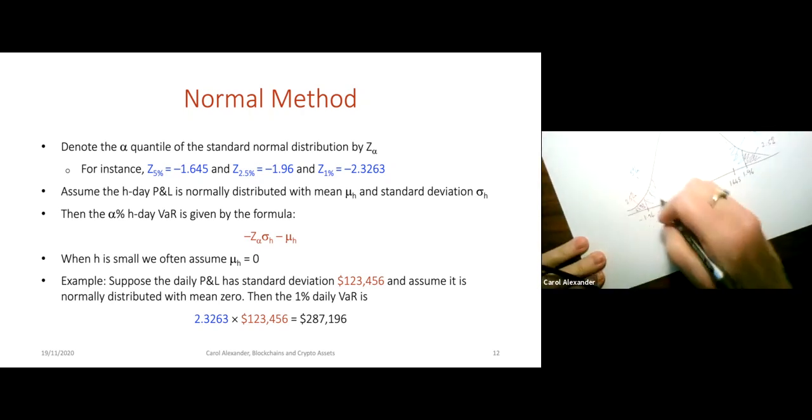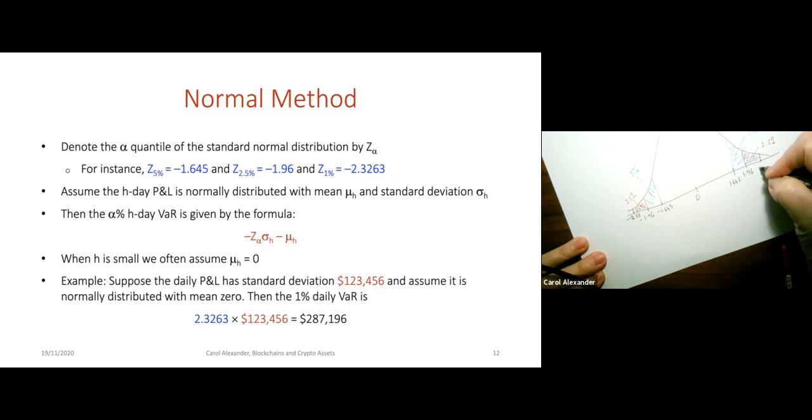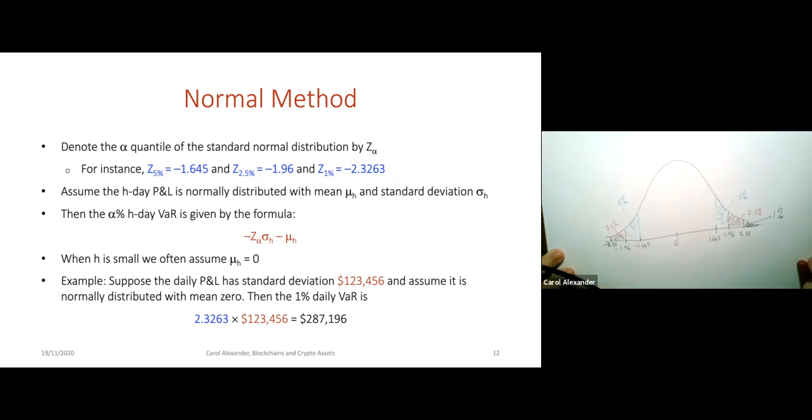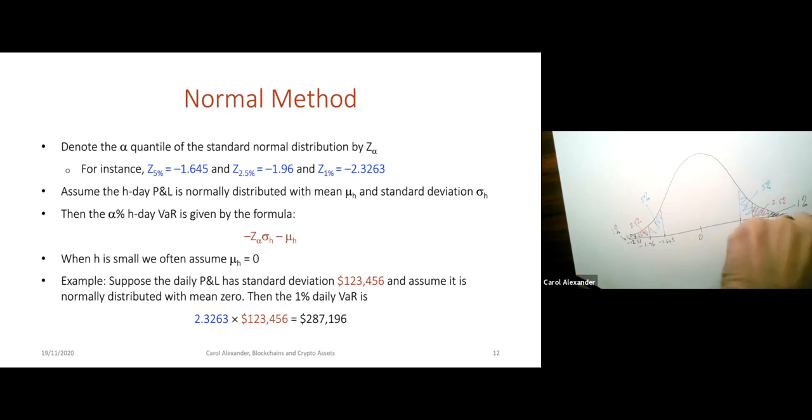That's the one we use quite often in value at risk, the minus 2.33 and the plus 2.33. So this area is 1%. And this area here is 1%. Okay, that's a picture of Z, the standard normal variable. Mean 0, variance 1.